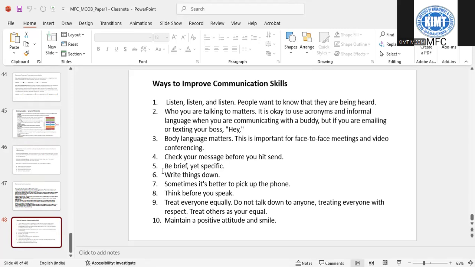Maintain a positive attitude and smile. When you are talking, you have to be positive in your attitude and smile.